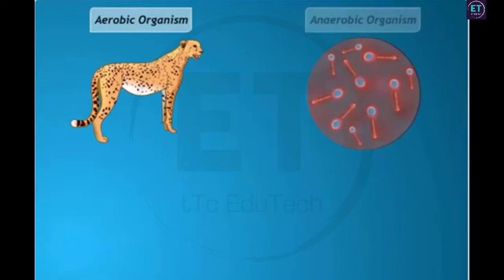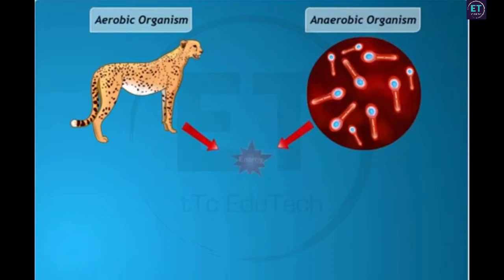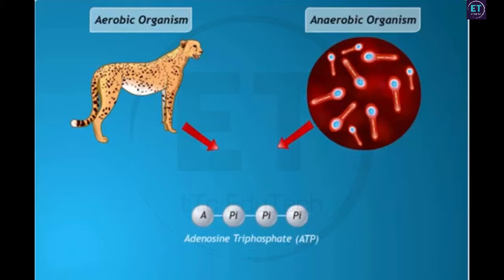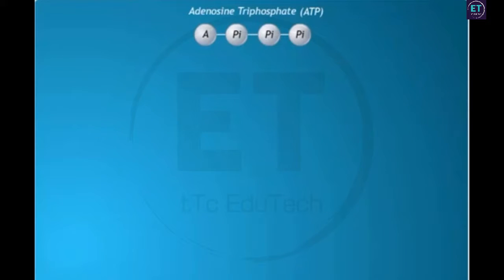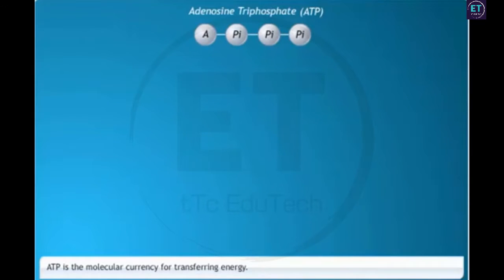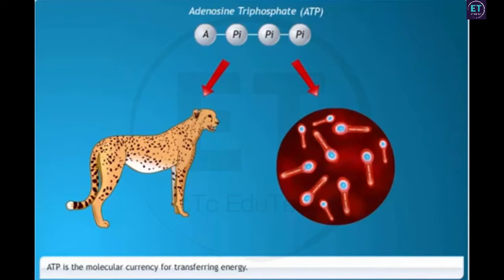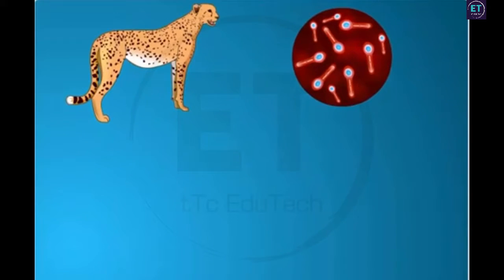Both aerobic and anaerobic respiration releases energy. This energy is used to combine adenosine diphosphate, ADP, and inorganic phosphate to form adenosine triphosphate, ATP molecule. ATP is the molecular currency for the transfer of energy in most cellular processes.